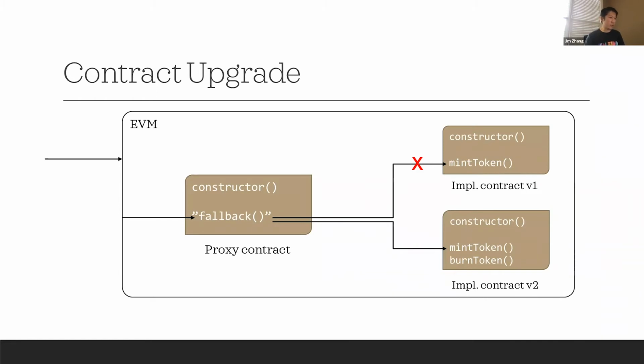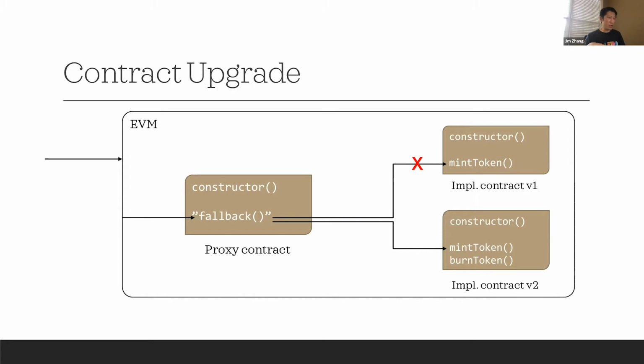Obviously, this makes the contract upgradable because from the client's point of view, it's dealing with the proxy contract. It doesn't really see the implementation contract because that's an implementation detail behind the proxy. Now if you upgrade your implementation contract to a new version so that you fix the bug in mint token, you can also introduce a new function. Let's say a burn token is now introduced.